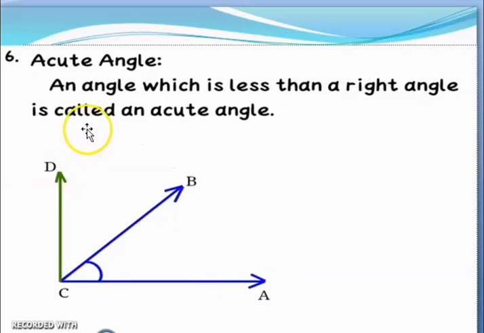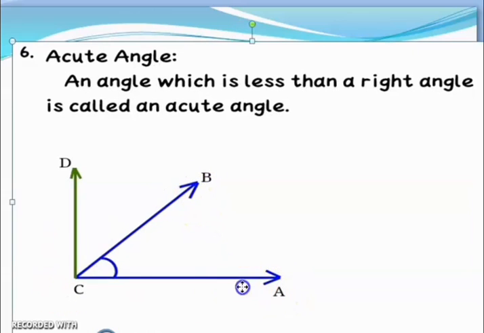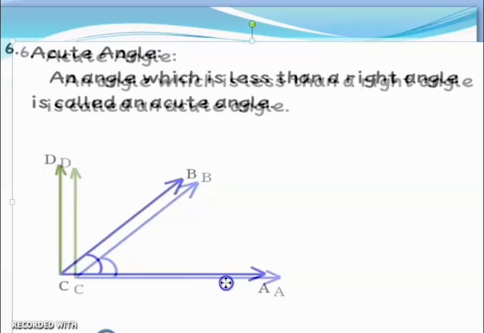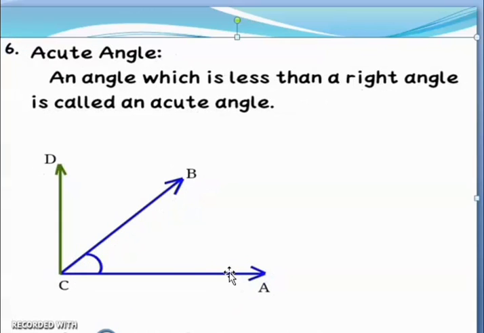After this, there is another type of angle, that is the acute angle. An acute angle is less than a right angle, or an angle which measures less than 90 degrees is called an acute angle. This angle DCA is a right angle, and this angle BCA is an acute angle, that is less than 90 degrees.